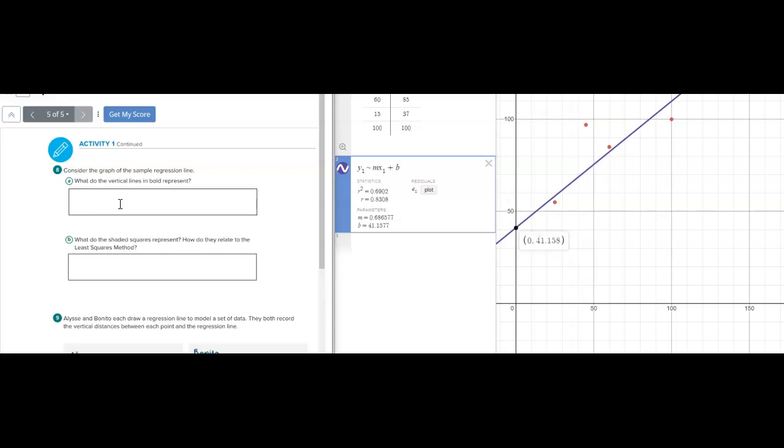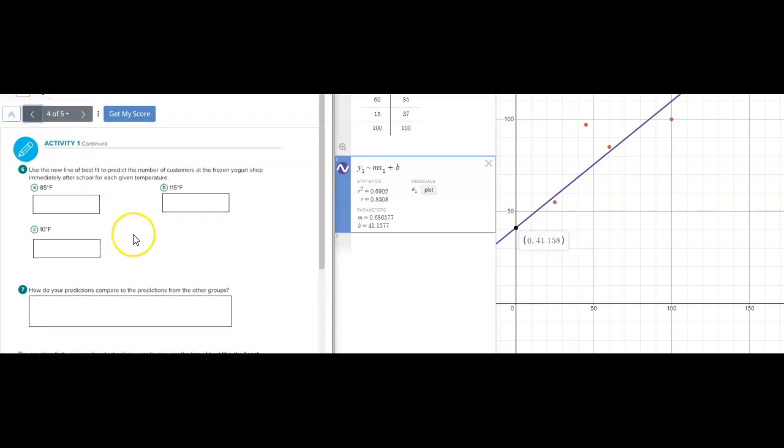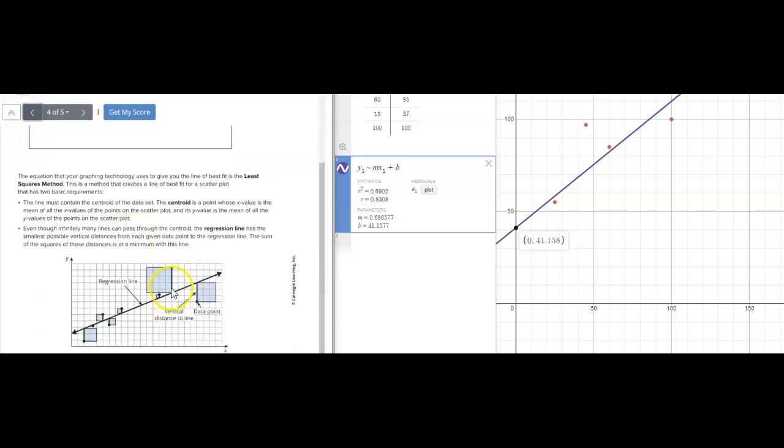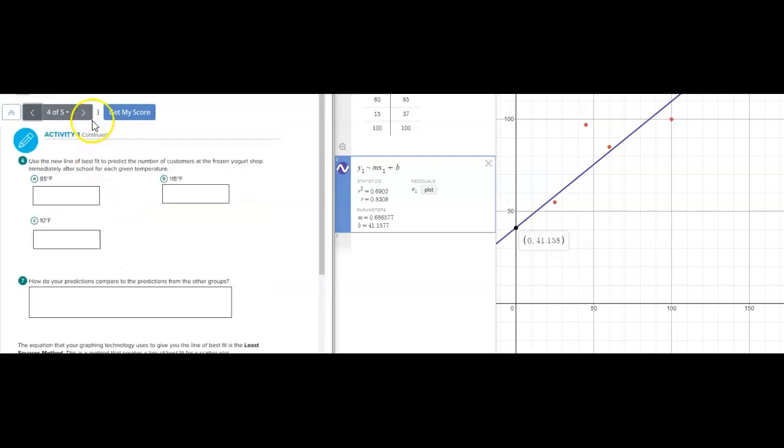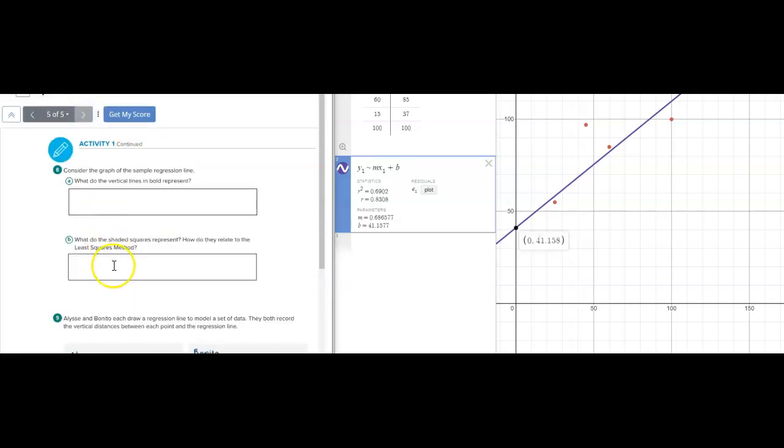Okay? Now remember, in our diagram, we then made a square that was this distance on all four sides. So if this is the distance between the point and the line, we made a square with four sides of that same length. That's what you're going to be writing about right here in 8b.